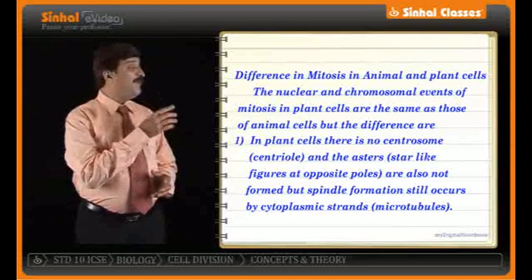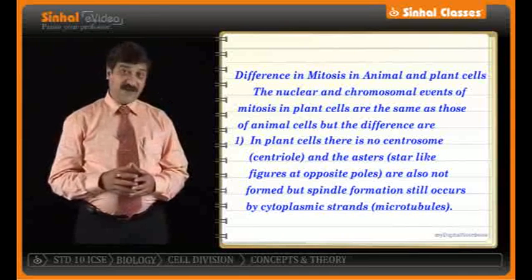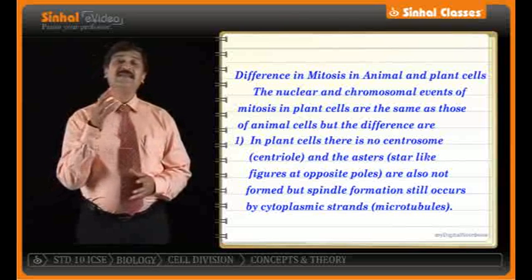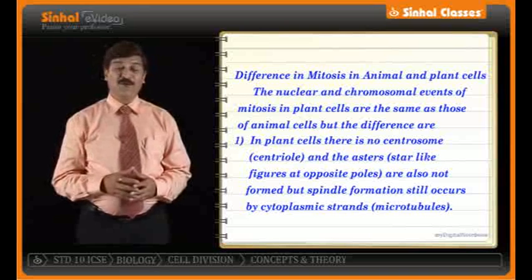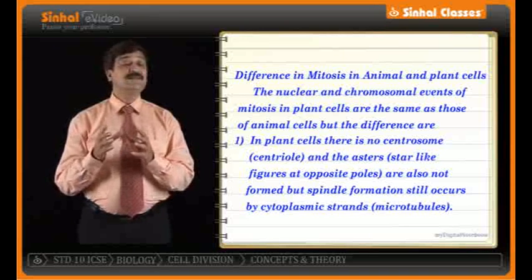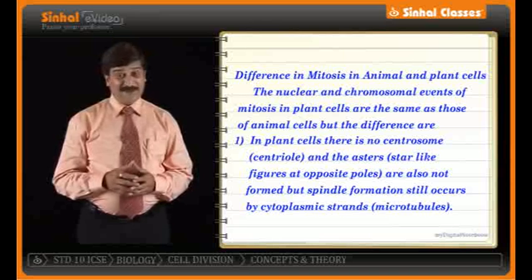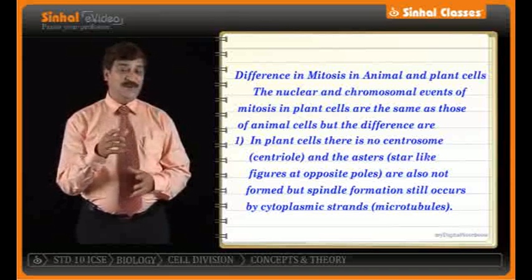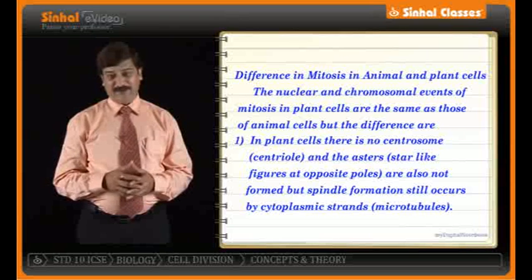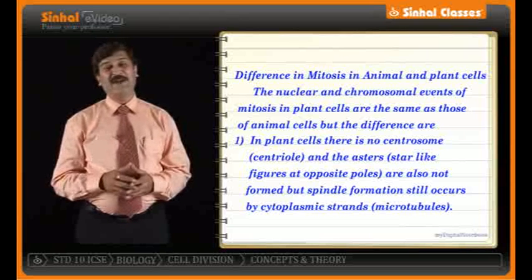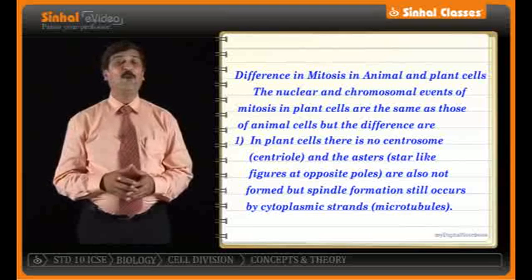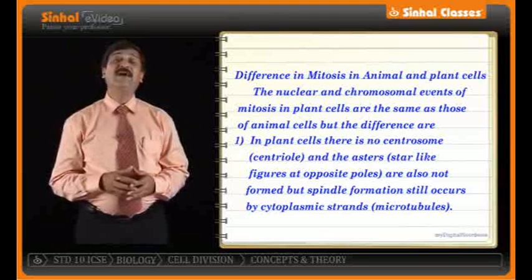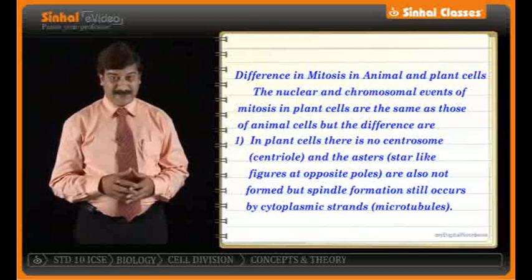But spindle formation still occurs because of the cytoplasmic strands. These cytoplasmic strands are the microtubules present in the cytoplasm. So the basic difference is, in animal cells, it was the centriole that gave rise to the spindle fiber. Here, the spindle fiber is formed from the cytoplasmic strands.